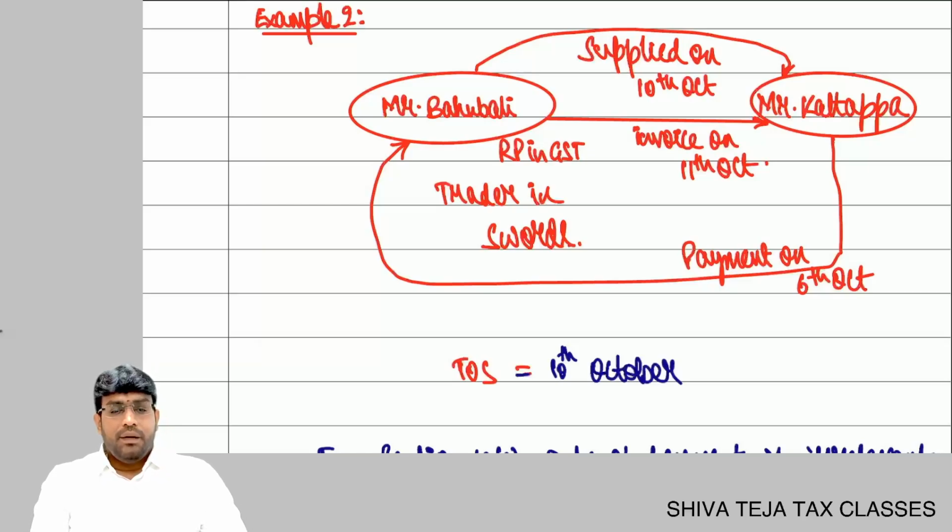In the second example, payment has come before supply only. It's actually an advance, but still there is no requirement to pay GST in case of goods, that too under section 12(2). Don't generalize that point.